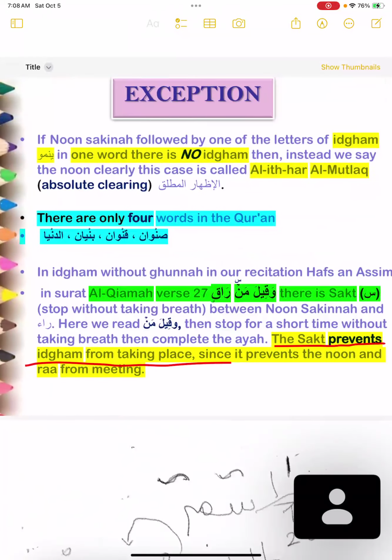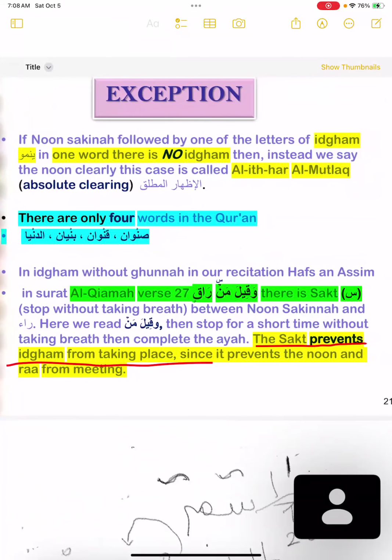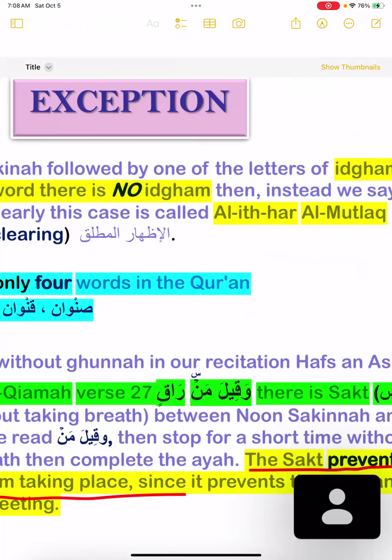An idgham without ghunna in our recitation is of Hafs and Asim in Surah Al-Qiyamah. In the verse, you have these words: وَقِيلَ مَنْ رَاقٍ. You would have merged the noon into the ra if you were doing idgham, because you see noon sakin is followed by the letter ra. So when noon sakin is followed by the letter ra, you would have made an idgham here.